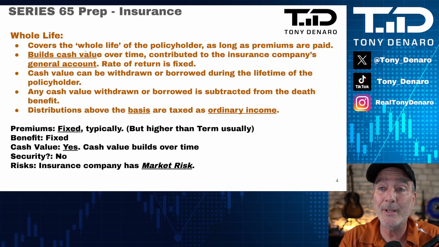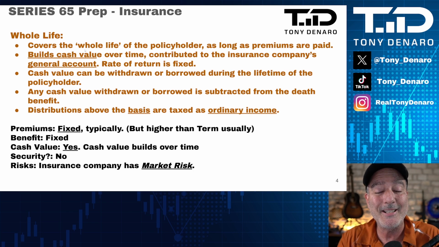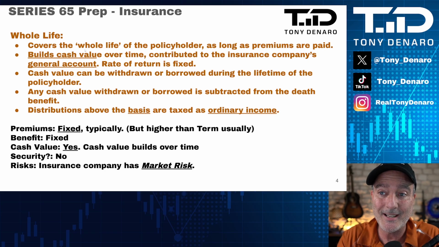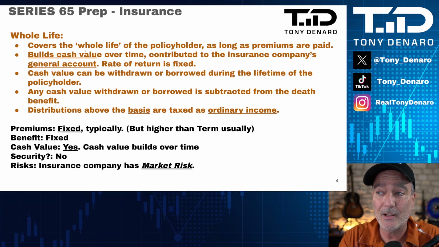Moving on to the next step up from term life would be whole life. And everything that we're going to cover from here, excluding term life, will be policies that could potentially cover a policyholder's entire life. Whole life covers the entire life of the policyholder as long as the premiums are paid.